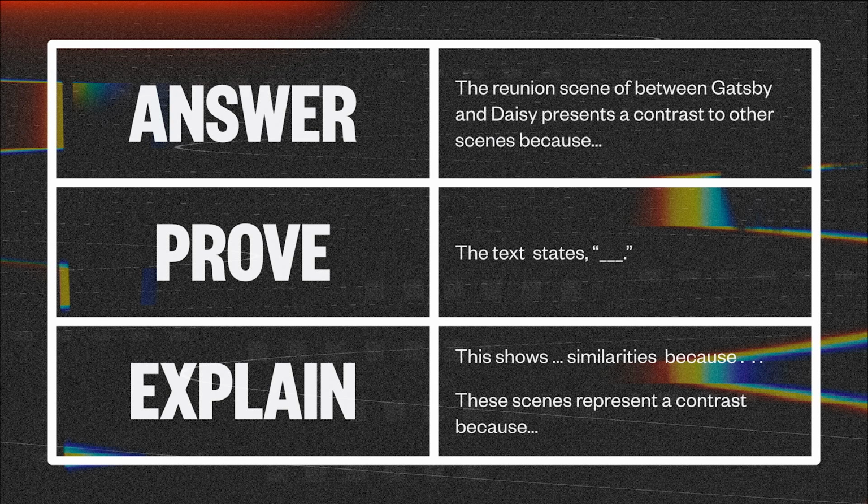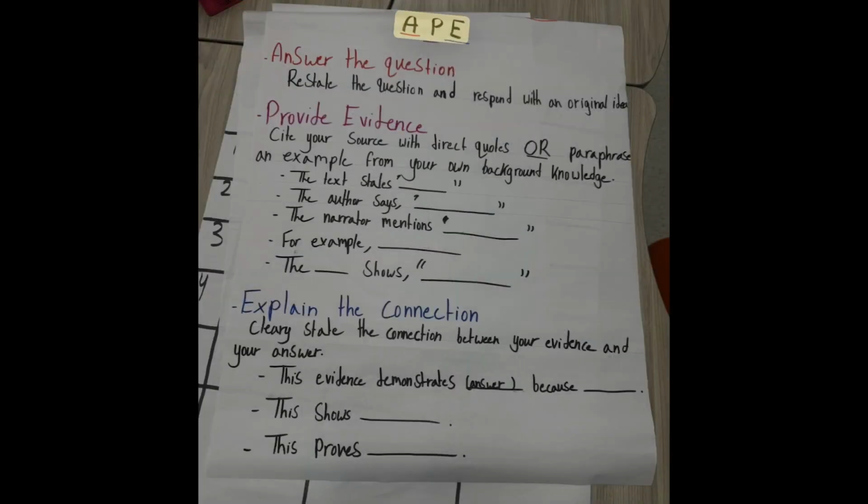This may be from a text, it may be from a graph or a chart, so students are shown how they can pull evidence or describe what's happening in order to give some proof. And finally, students must explain how their evidence supports their answer. This means students will add a sentence that has the word because. This will help support them in giving a clear response to the connection between their answer and their evidence.